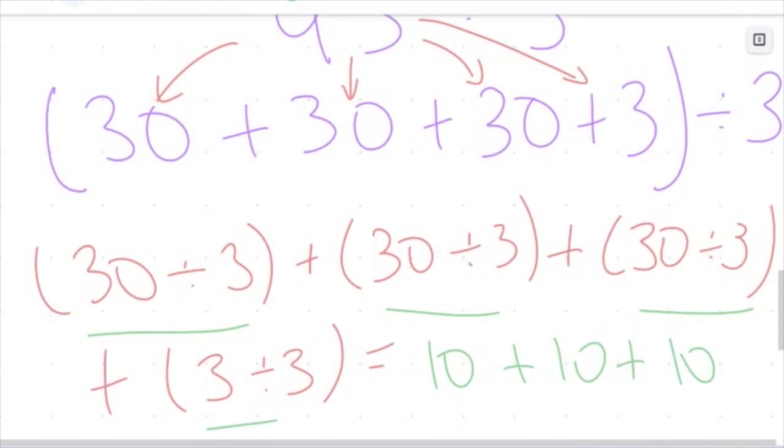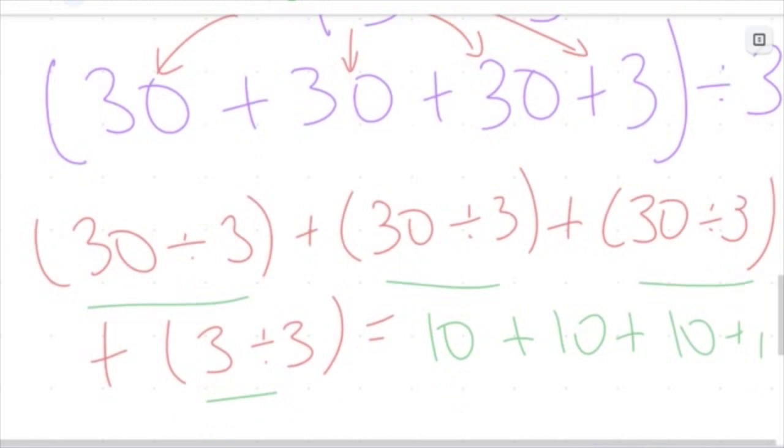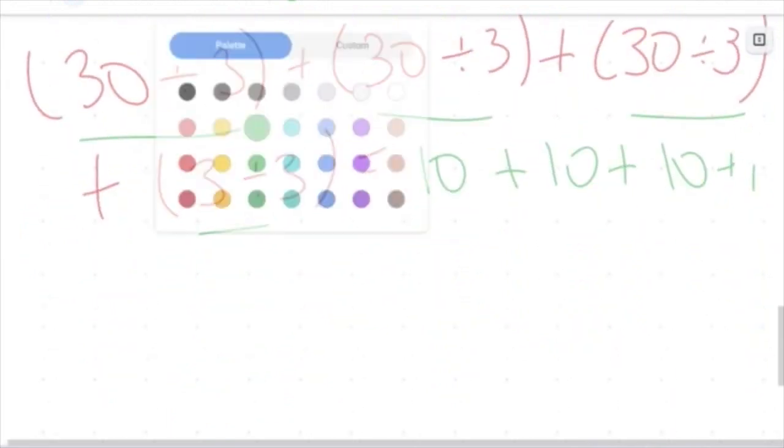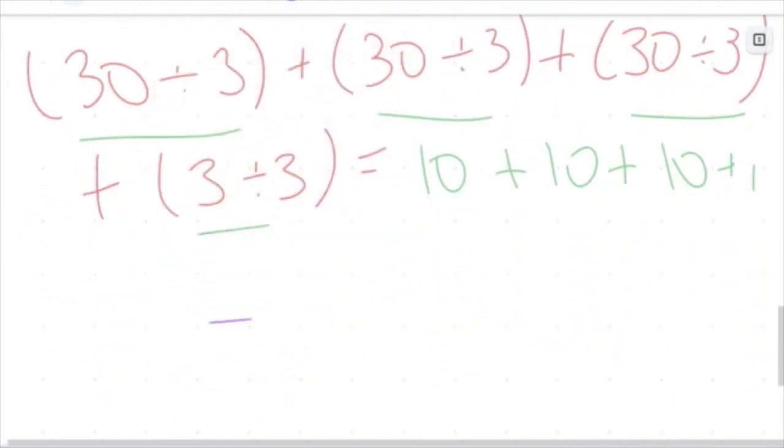Well, it only goes into itself one time. So anytime we're dividing a number by the same number, we're going to get 1, right? So I get 10 plus 10 plus 10 plus 1. And altogether, when I add those, my answer is 31.